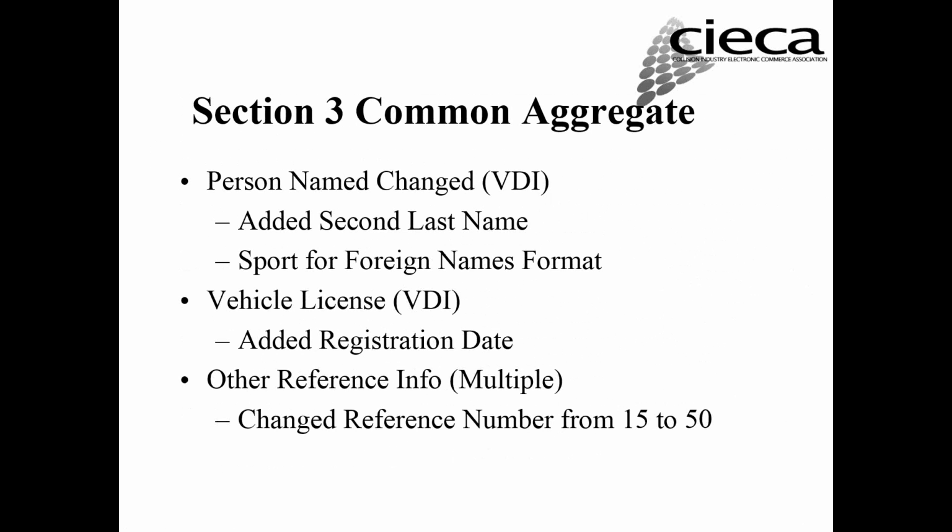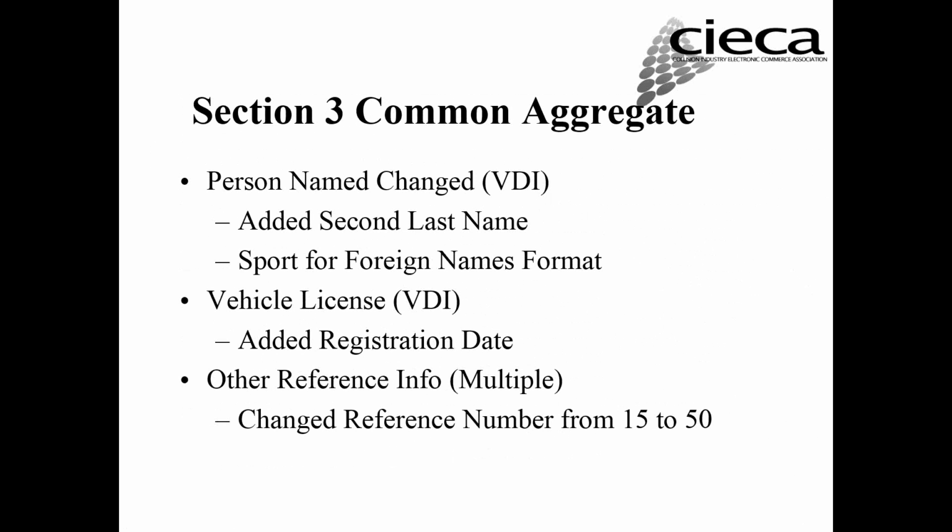In Section 3, the common aggregate, the person name aggregate has had an extra element added to it for the second last name, which is of interest to integrations in foreign countries.